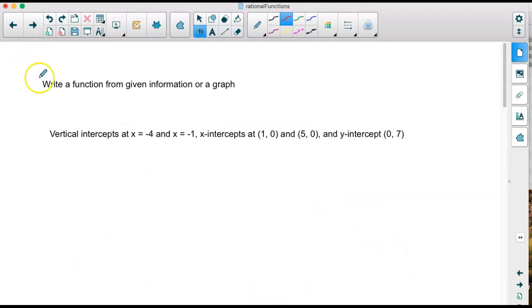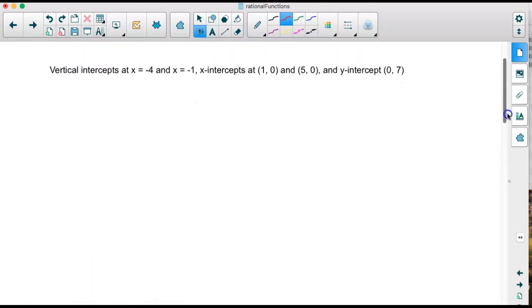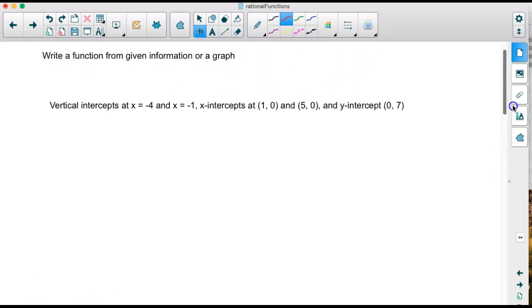Okay, now the last part of this is writing a function from information. So let's do that. All right, so we're just going to build a function. Now the function's built by the vertical asymptotes.